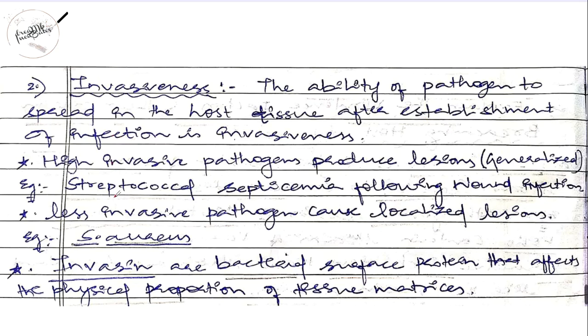Here, highly invasive as well as less invasive pathogens are involved. Highly invasive pathogens cause generalized lesions. Examples are streptococcal septicemia following wound infection, while the less invasive pathogen causes localized lesions. S. aureus is the example.